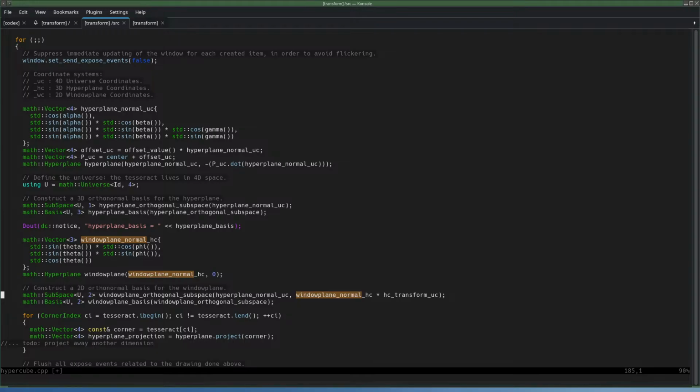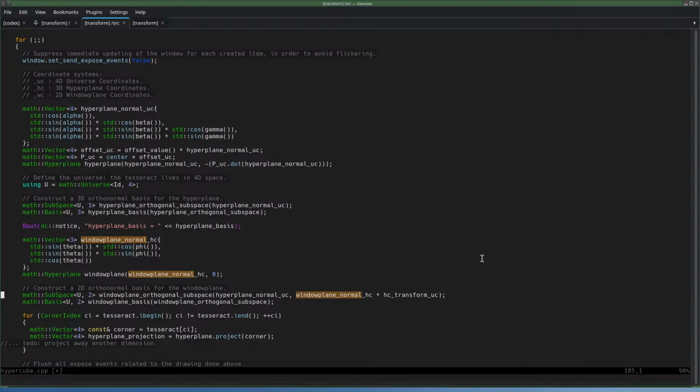Therefore, I multiplied with HC transform UC. But then what is this type? Well, it has to be a matrix. And this is a vector, and I don't have matrices. I think I have to implement a matrix then in order to get this.